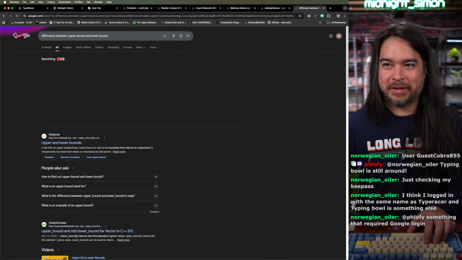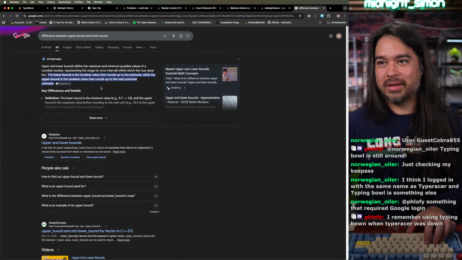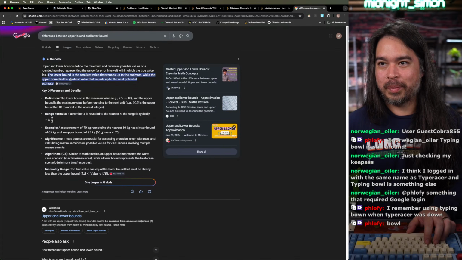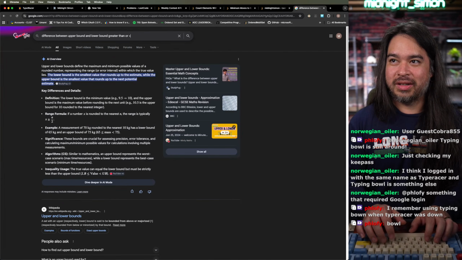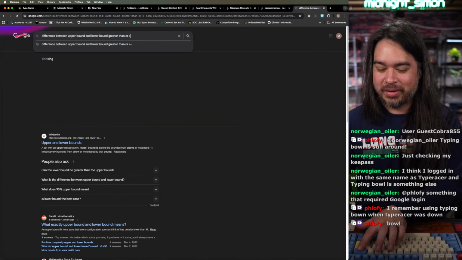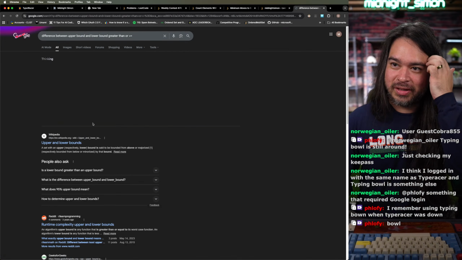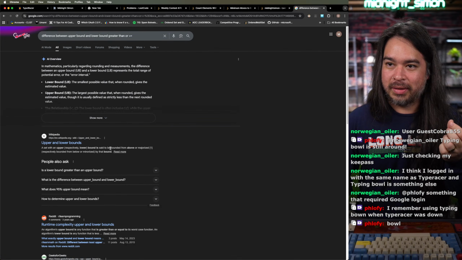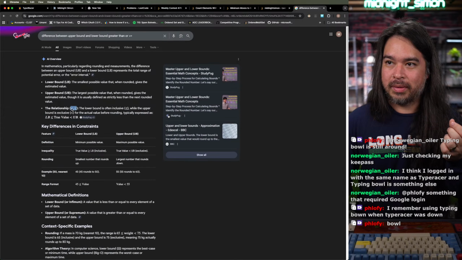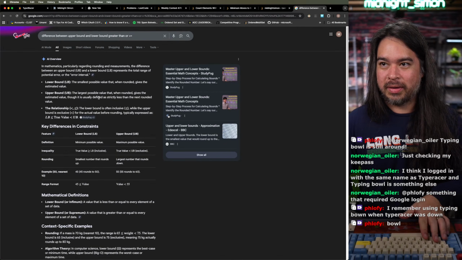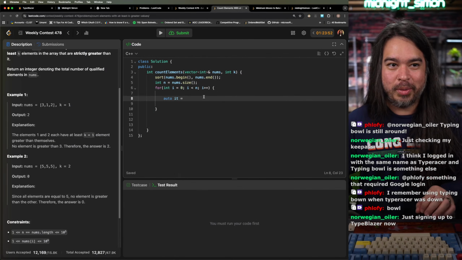I hate that I have to look it up, man. Upper bound. Would it be greater than or greater than or equal? Why can't I remember this silly stuff? Lower bound is inclusive. Okay. So I want the upper bound.